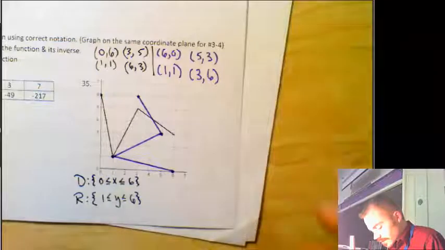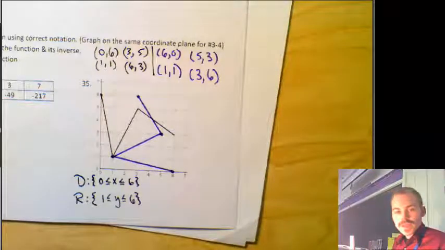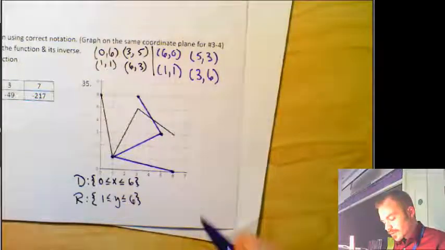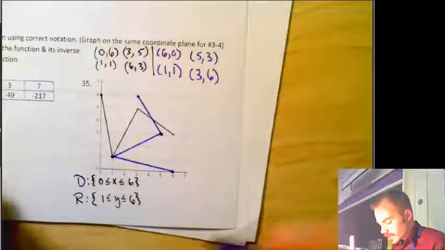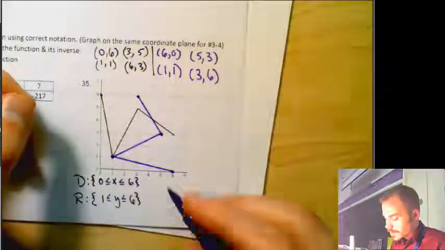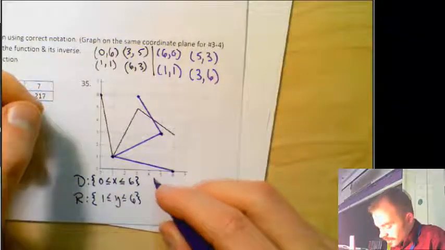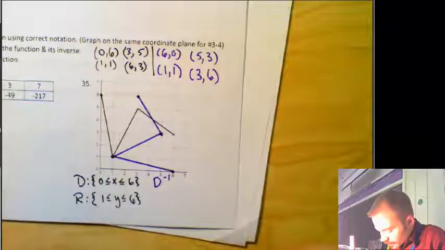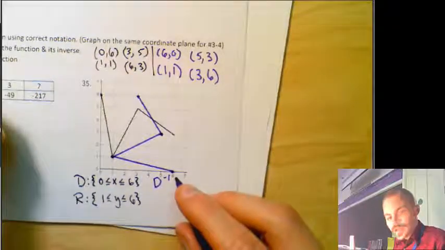So there's the domain and range of my function, and the next thing I will do is find the domain and range of my inverse using purple to represent the inverse function. The notation I use is going to be D inverse to represent that I'm now stating the domain of the inverse.